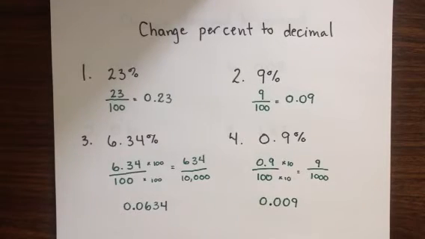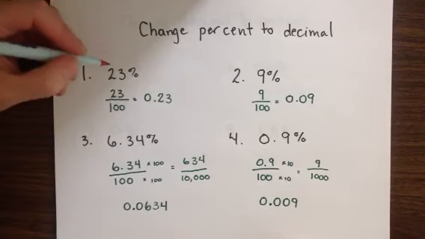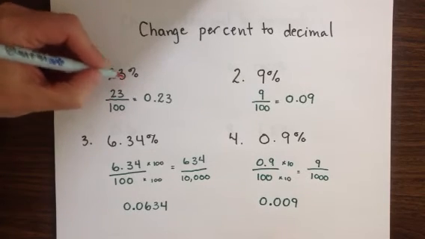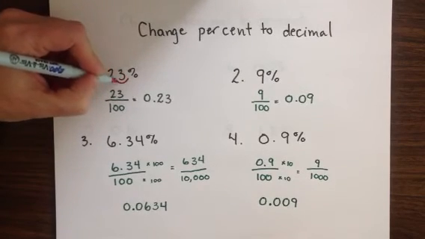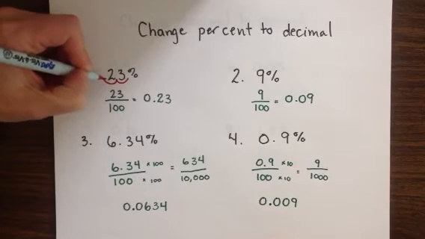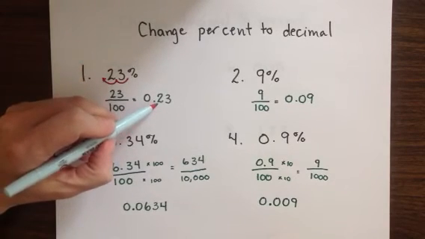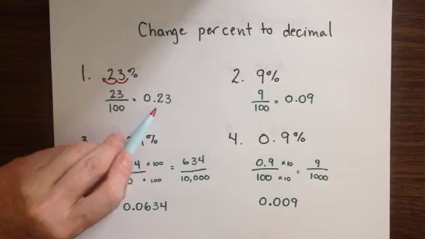So I want you to notice that there is a pattern that seems to reoccur over and over again in all these problems that we've done. If you notice the 23, moving the decimal point 2 places to the left would give us the same answer.